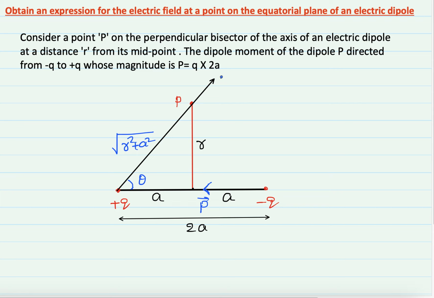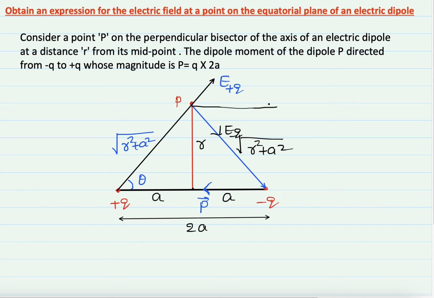At the same time, the direction of electric field due to negative charge is radially inwards. And the distance from the negative charge to point P is also root over r square plus a square. Now these two electric fields are resolved into two components.